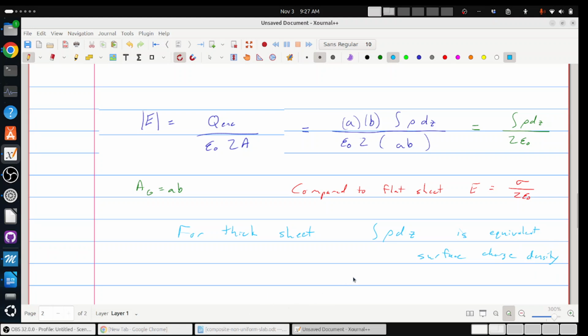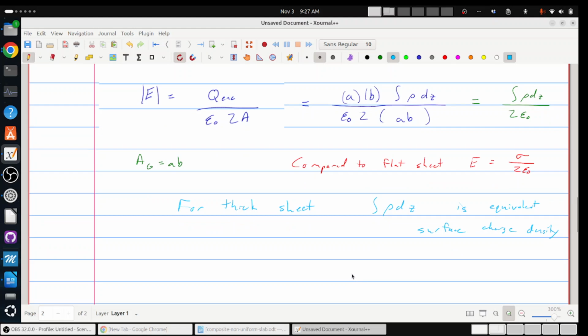Now, when I was looking up some other resources for this, they actually called this a sigma, not as in the summation sigma, but the integral of my rho dz is an equivalent. You could also, I suppose, call it just explicitly sigma equivalent.